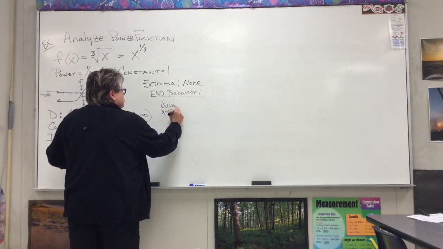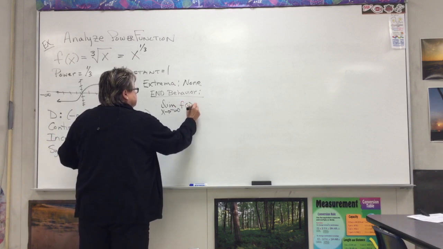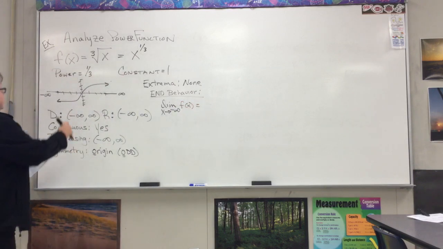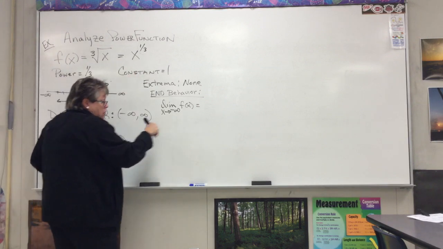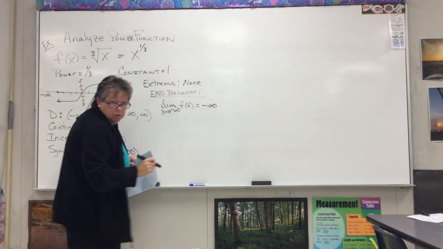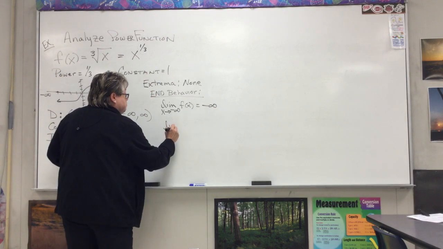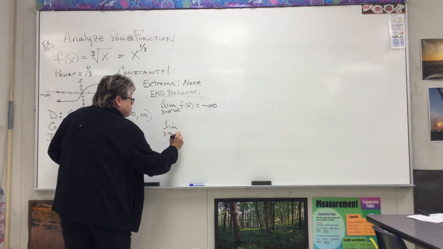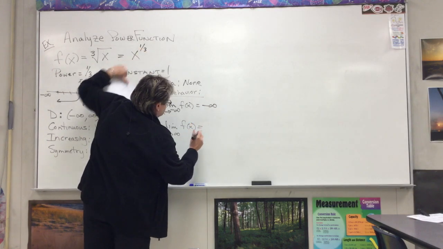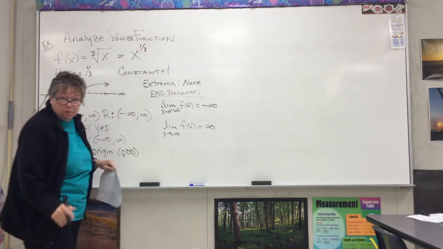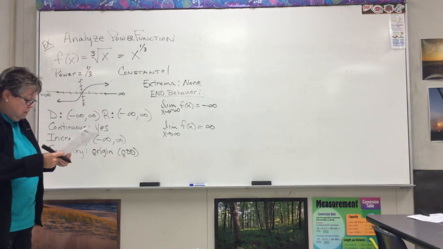So as x goes to negative infinity, where's our graph going? If you have it on your graph, you'll see it's coming lower and lower and lower. So we're going to say that's going to negative infinity. The limit as x goes to positive infinity. So as we're going out to the right this way, our graph is getting higher and higher and higher. So it's going to positive infinity.